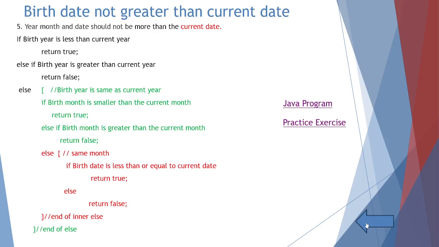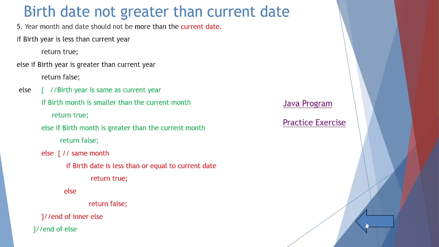When do we check this? When birth year is same. So else means birth year is same. Now, if birth month is smaller, no problems. January, February, return true.